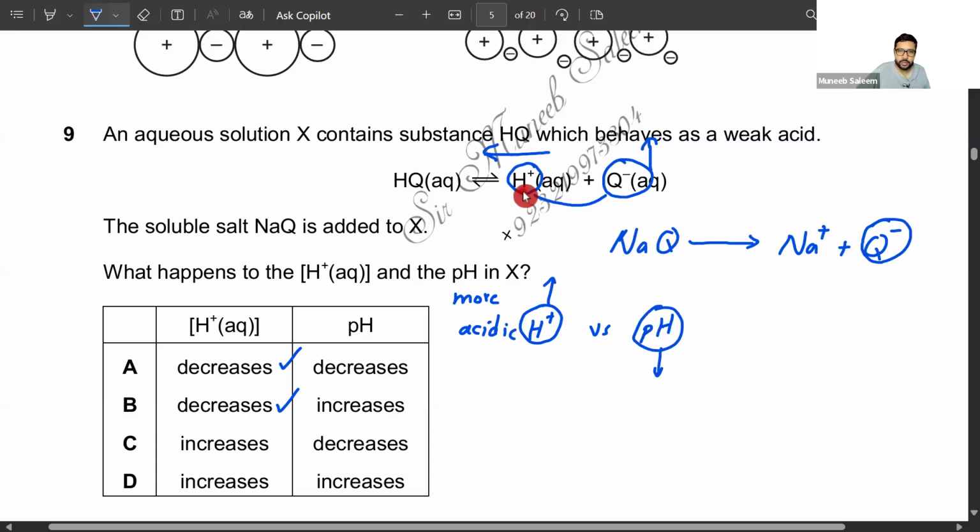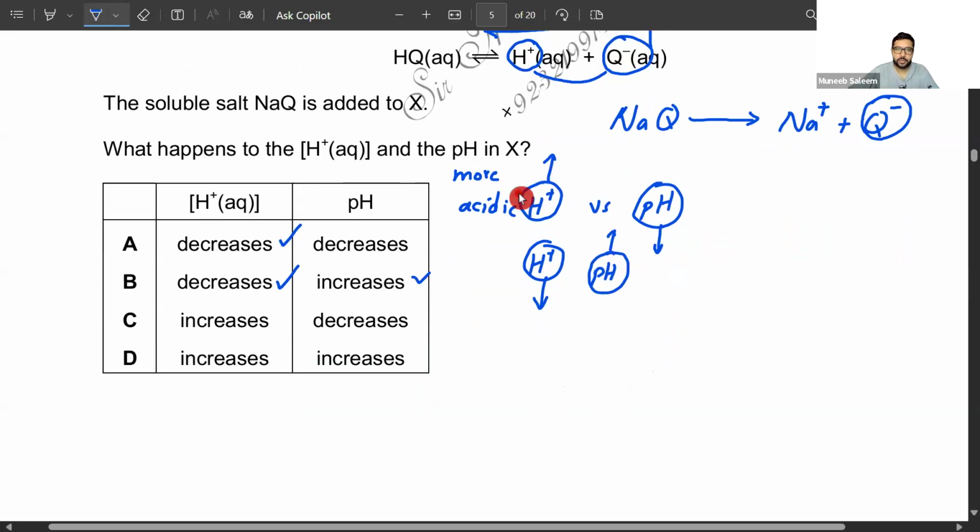It's an inverse relation. Hydrogen ion more means less pH. But here, we are decreasing the H plus ion by increasing the amount of Q anion. That means if you decrease hydrogen ions, the pH value should increase. So from here, we say it is the increase in value of the pH. So there are two ticks in the B option. So that's why B is the correct answer.